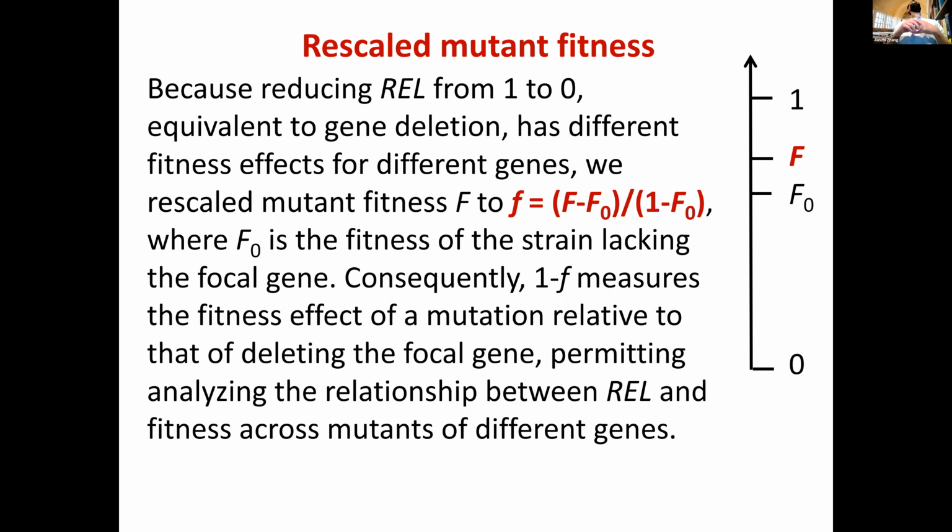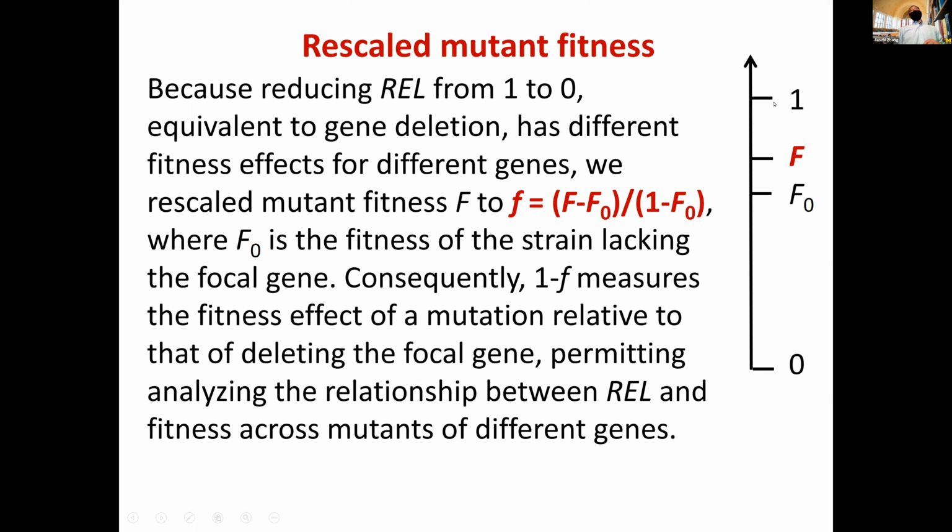Some of them have a big fitness effect. So to allow comparison among mutants across genes, we calculate something we call rescaled mutant fitness. So this is a fitness of 1, this is 0, and F0 is the fitness of the gene deletion strain for that gene. Gene deletion is equivalent to reducing the expression level by 100%, right?